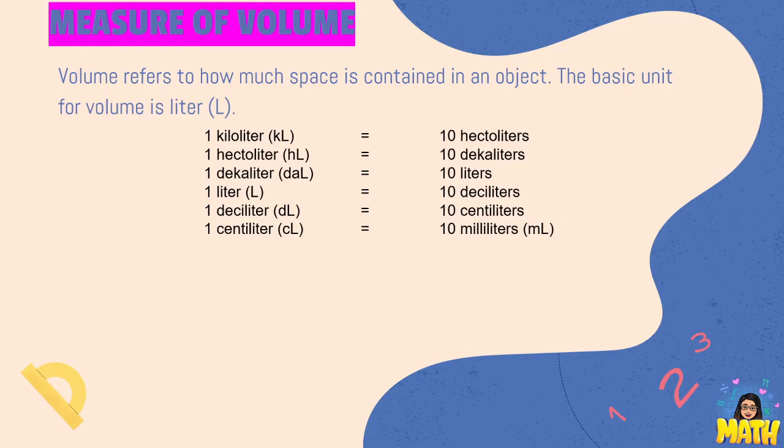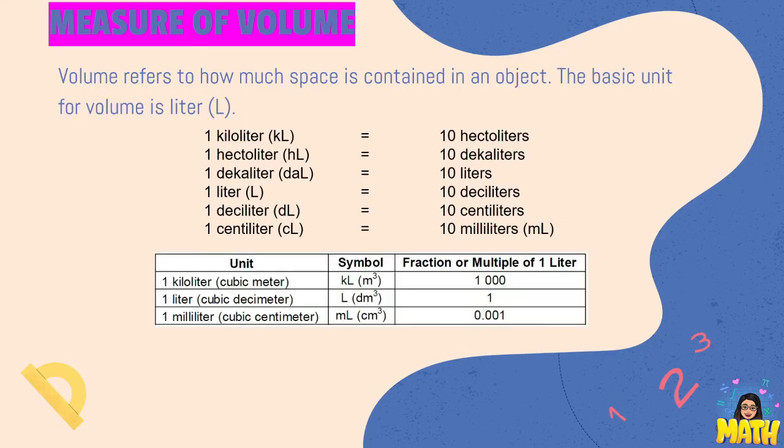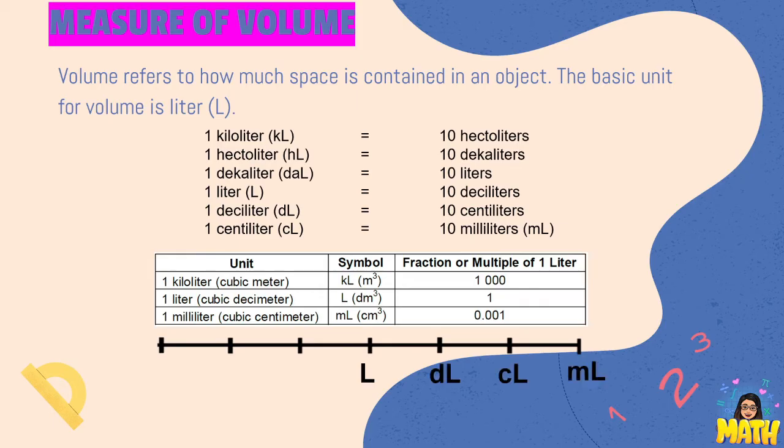So, halos wala namang pinagkaiba compared sa kanina, except yung letter M na meter dito for volume, it will be letter L. And then, ganun pa rin yung units of measures dito, napalitan lang ng letter L for deciliters, centiliters, and milliliters, which are, again, smaller units pag nandito banda sa right side.